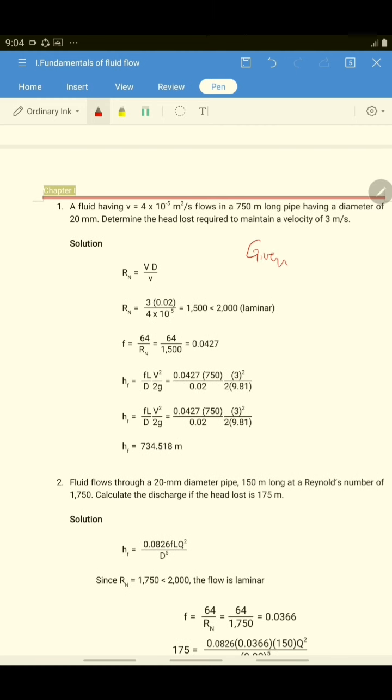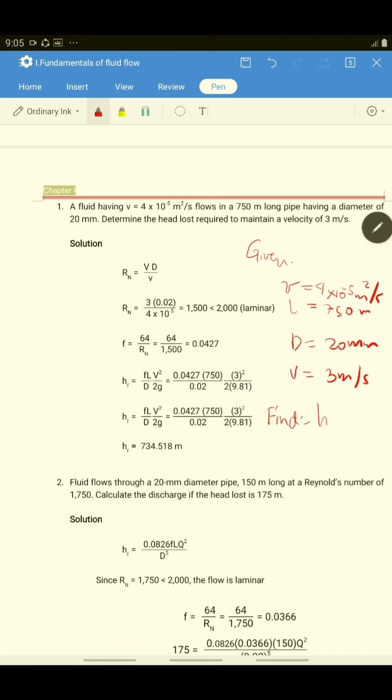So given are the kinematic viscosity, 4 times 10 to negative 5 meters squared per second, the length of the pipe, 750 meters, the diameter, 20 mm, and the velocity, 3 meters per second. You are going to find the head loss.